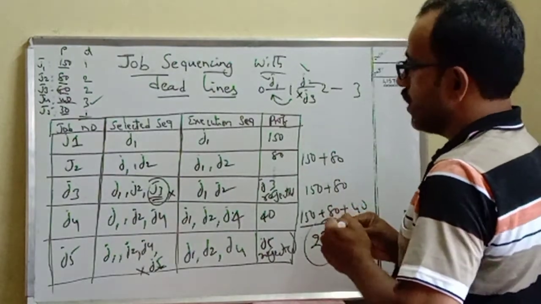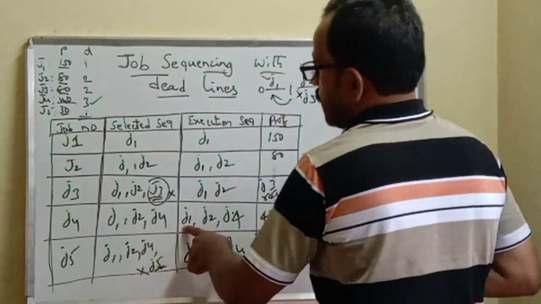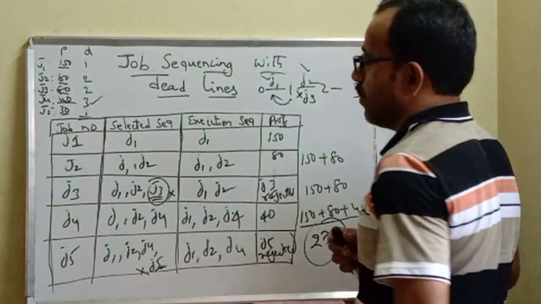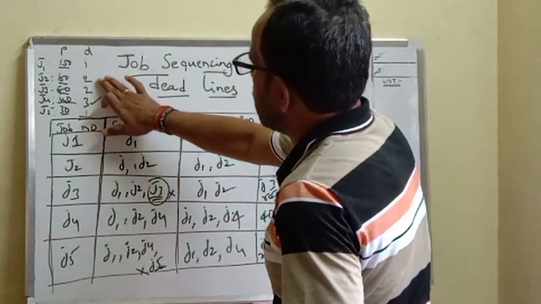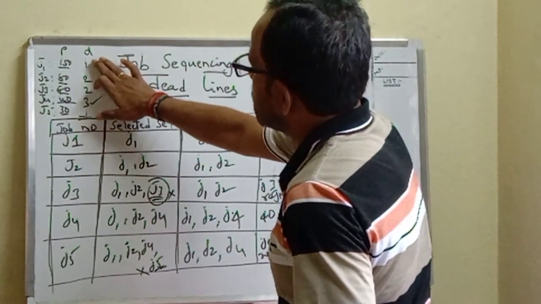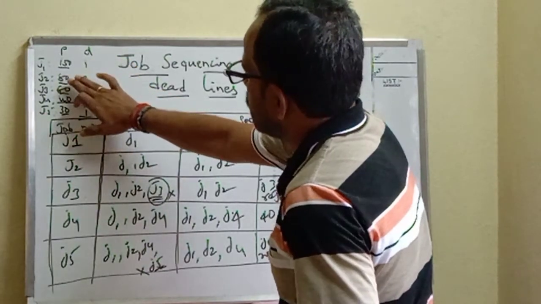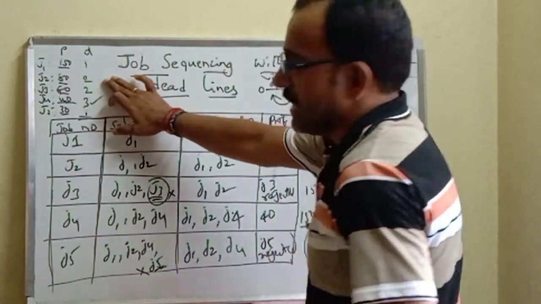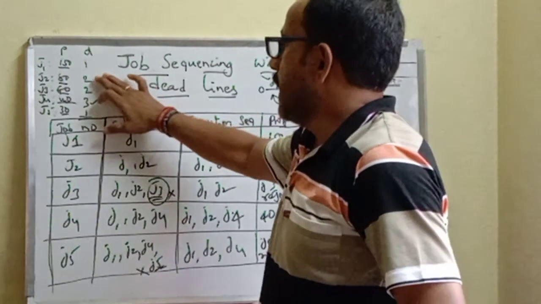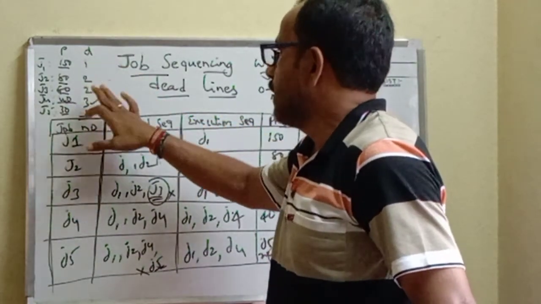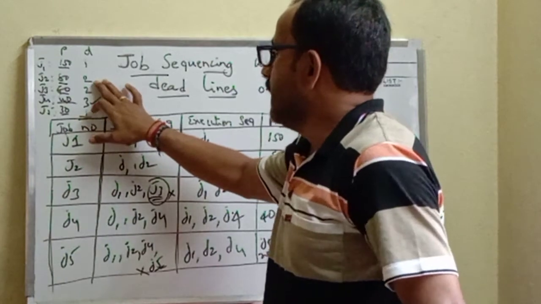But the job execution sequence is: we execute J1 first because it has maximum profit. I cannot execute J1 in the second time slot because within the first hour I am supposed to get the result. What about J2? J2 profit is 80, but its deadline is 2 units. I cannot execute it at slot one because one is already occupied. I have already told you, it is better to execute at the last time slot.